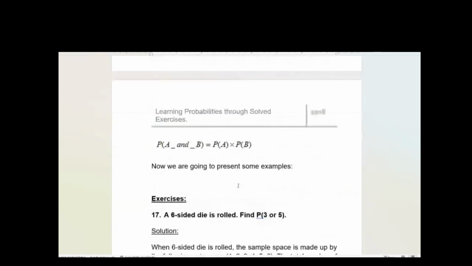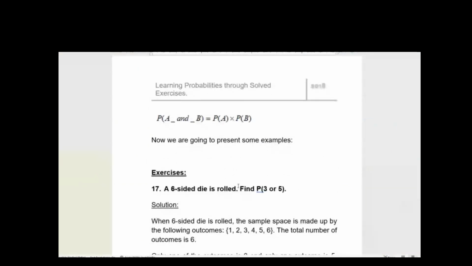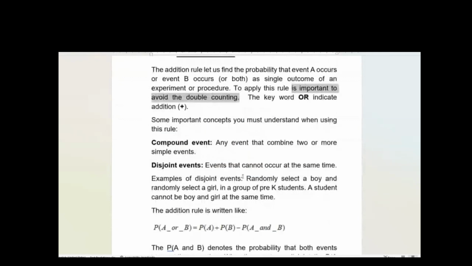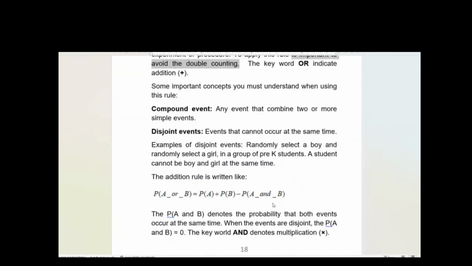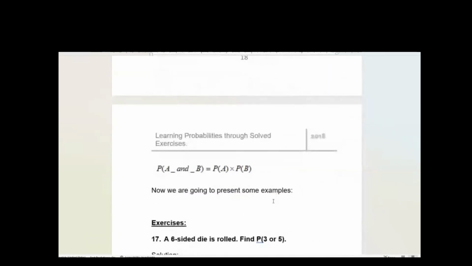So for events that are mutually exclusive, for disjoint events, the probability of A or B is the probability of A plus the probability of B. Now, what is the probability of A and B? It is the product of the probabilities, the probability of A times the probability of B. So let us give you some examples.